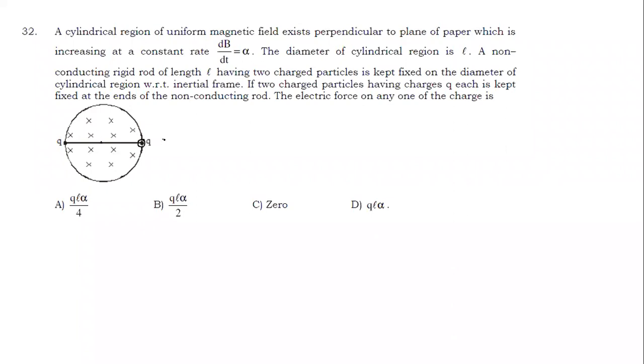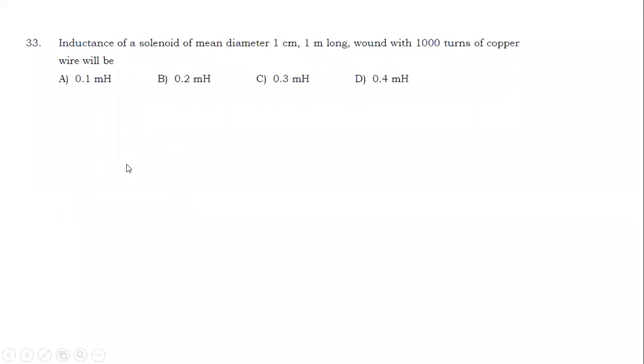Force acting on this charged particle is qE. If you can find the value of E, you get the value of force here, which is a fairly simple question. Only thing to keep in mind is that this answer is in terms of L, so the radius is equal to L by 2. This is a direct formula, fairly simple question.